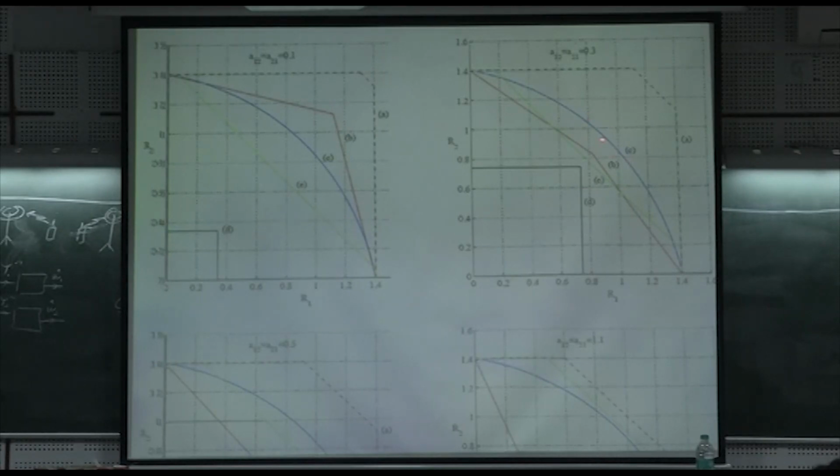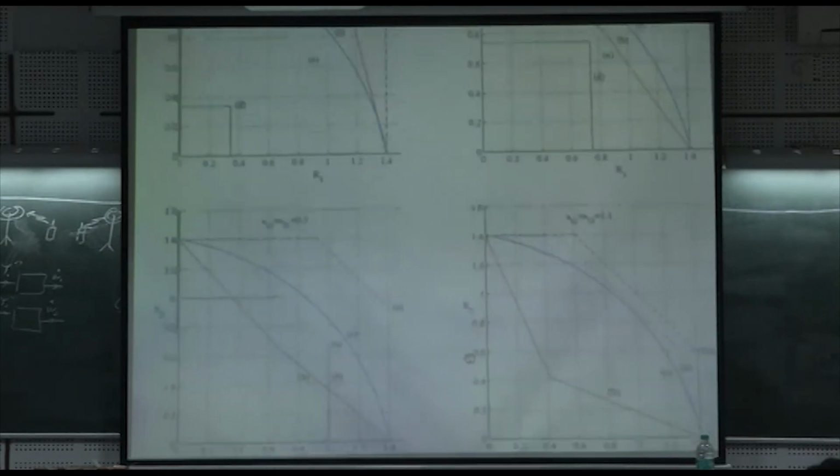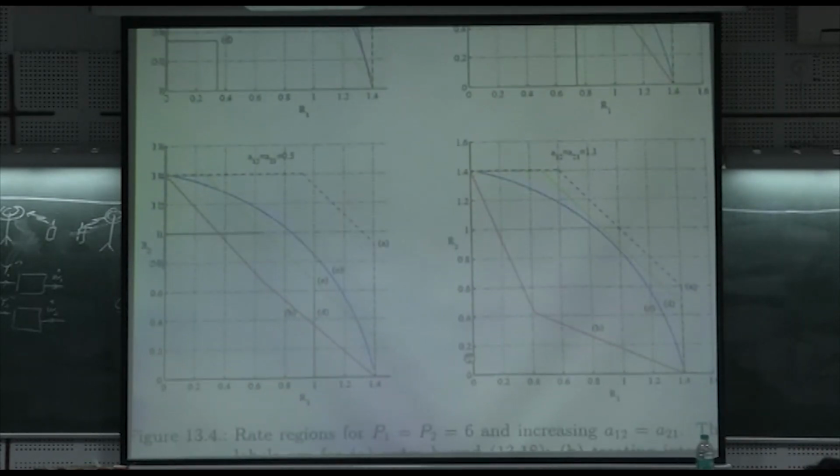Here, TDM FDM gets better, so the treating interference as noise shrinks, of course, because the interference is getting stronger, whereas decoding interference starts moving up, so it starts getting better. Both the black and the green curves start getting better, which makes sense because the interference is getting stronger. Then as we keep increasing, so now we're only 3 dB down, that trend continues, and in fact, at some point, the black and the green meet.